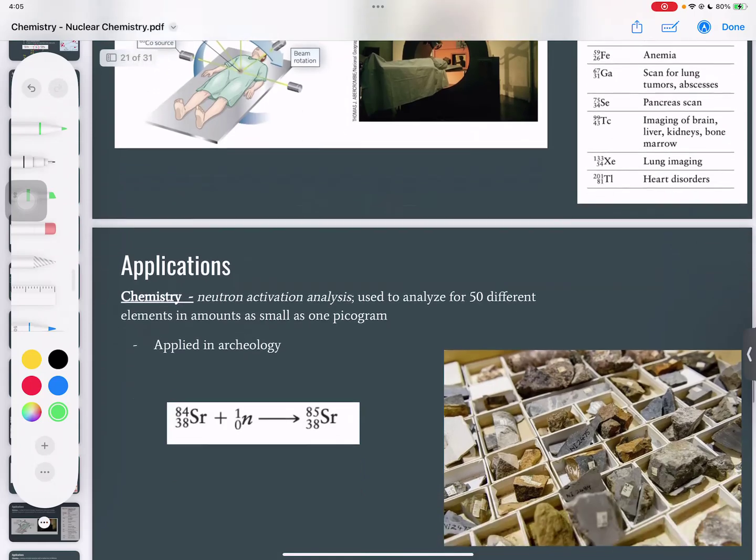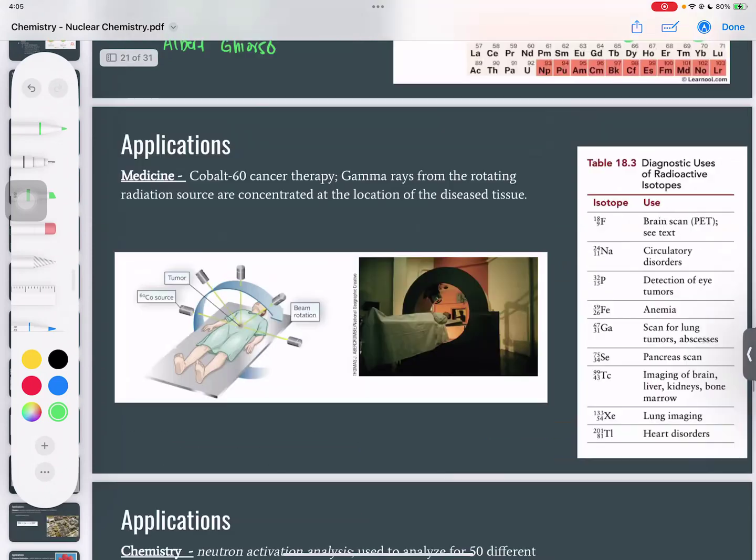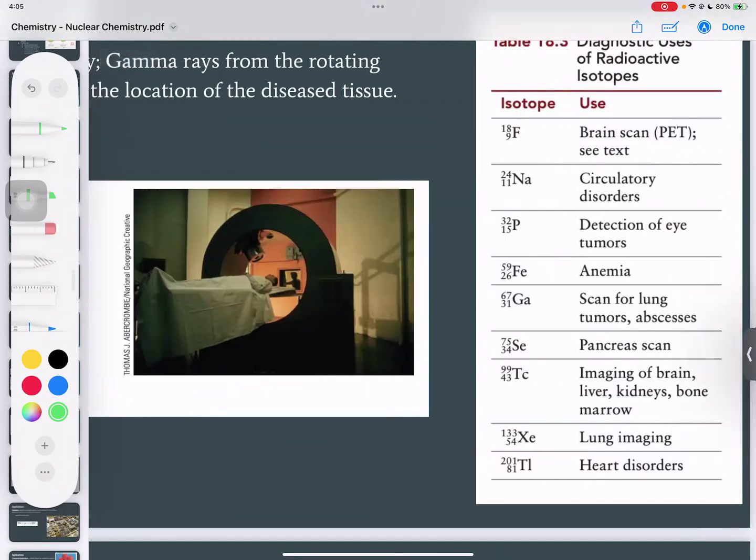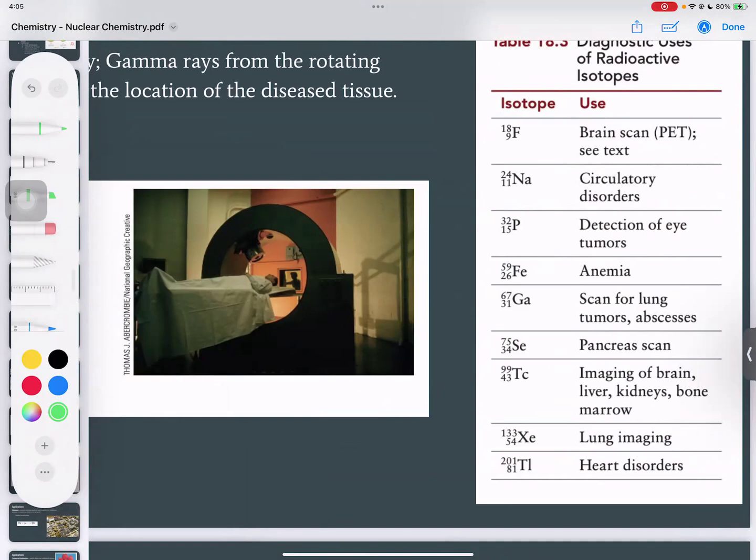More commonly, the radioactive nuclei used for diagnosis are listed in this table. We have fluorine for brain scans, sodium for circulatory disorders, phosphorus for detection of eye tumors. Remember, these are isotopes, okay? They are all radioactive.